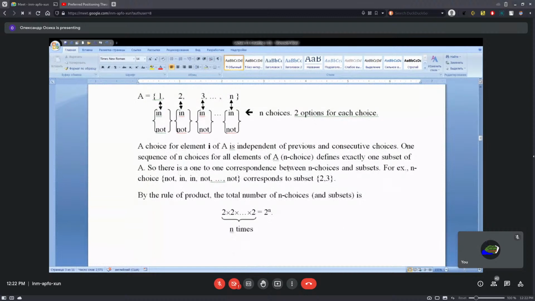So there is a one-to-one correspondence between n-choices and subsets. For example, the n-choice not, in, not corresponds to the subset of 3.